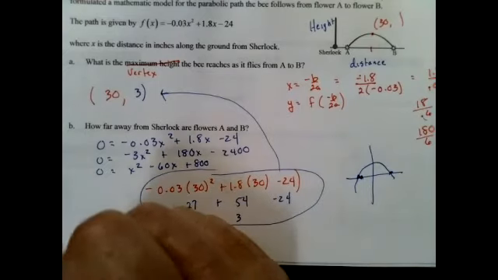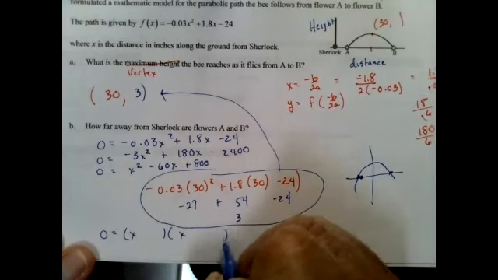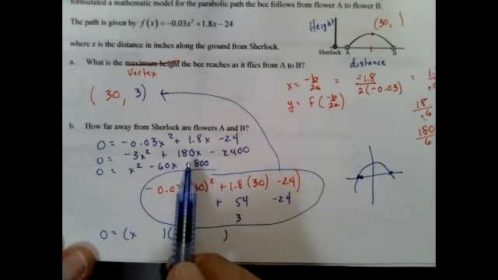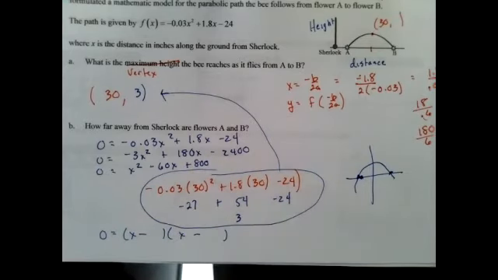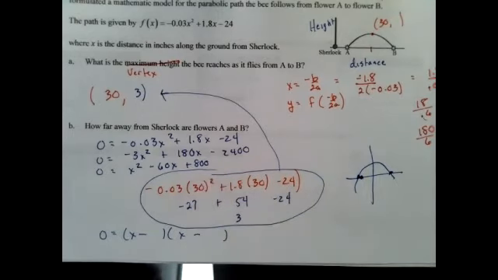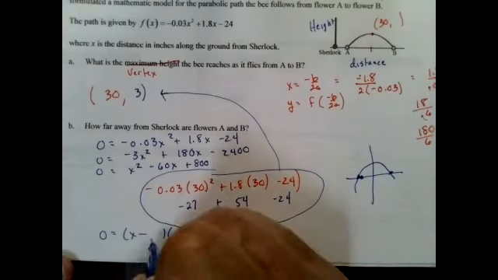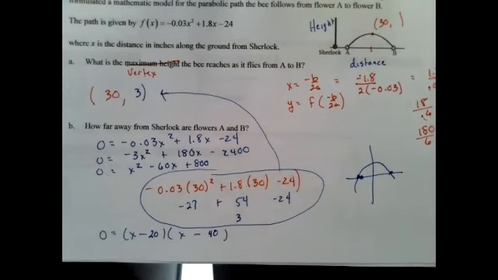In fact, it is. Because I can go back old school, x and x. Signs are the same, both negative. 2 numbers that multiply to give me 800, but add to give me 60. 20 and 40.